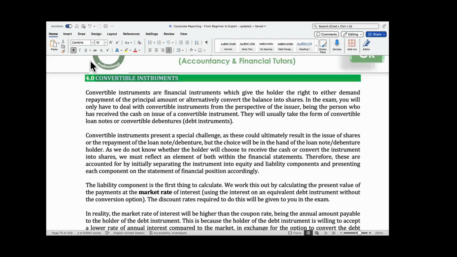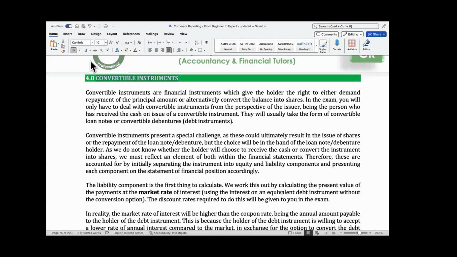Now, let's say I borrowed 100,000. The accounting entry is I will debit bank and credit financial liability with 100,000, right? If you do that, it's wrong. It's wrong because there is a possibility that these people might decide to convert to shares at maturity.